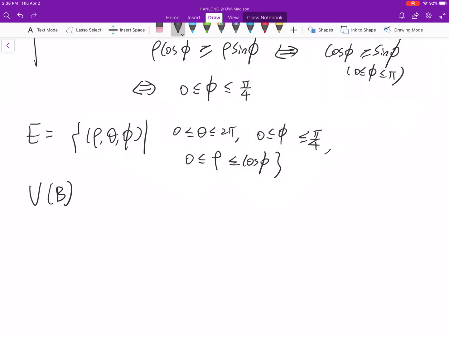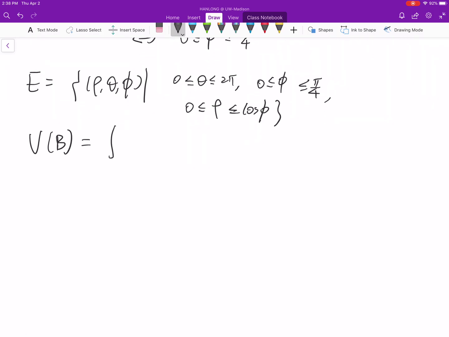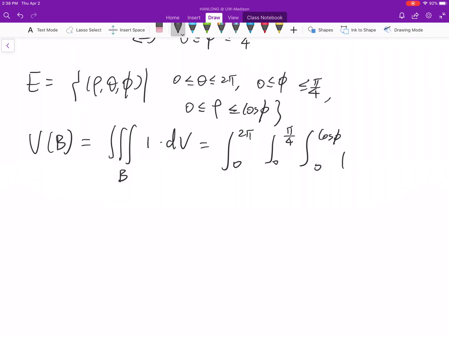The volume is then given by the integration of 1, and we transform into spherical coordinates. Use the formula here, and don't forget you need to add the extra factor rho squared sine phi.